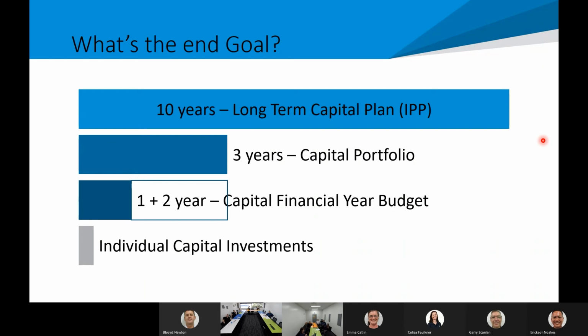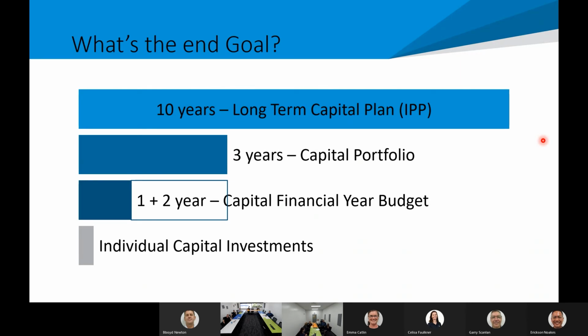We then have, and this is what we're developing at the moment, the 3-year view, which is the capital portfolio. It's basically just a subset of that 10 years, just any projects that start in the first 3.